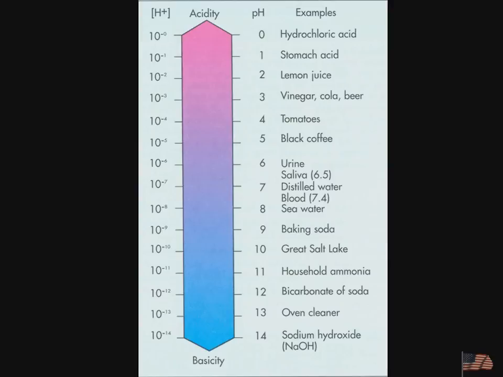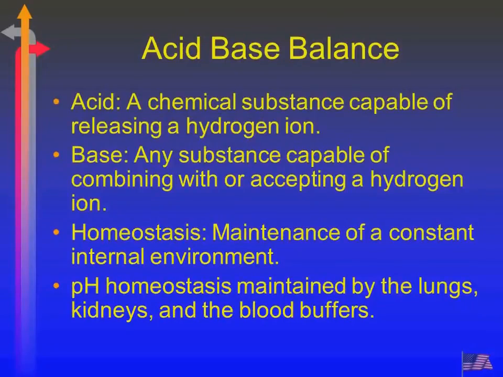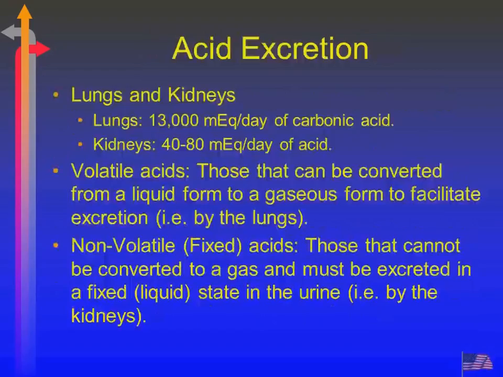Technically, an acid is a substance that allows for a release of a hydrogen ion, and a base is the opposite: it accepts that hydrogen ion. Ideally, there's maintenance of an environment that is in control. That's homeostatic, and we do this homeostasis of pH by the lungs, the kidneys, and the blood buffers.